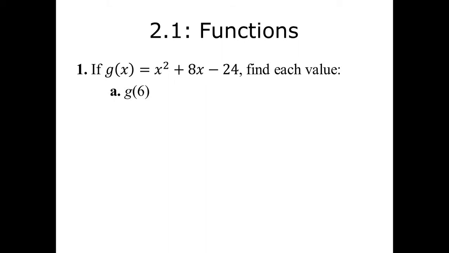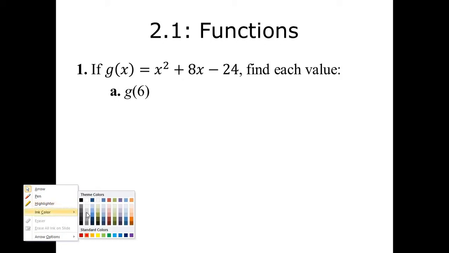So our first example here: if g of x equals x squared plus 8x minus 24, we're going to find each value. We're going to find the value of g evaluated at 6 first.